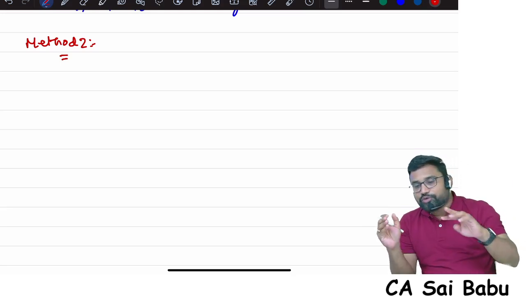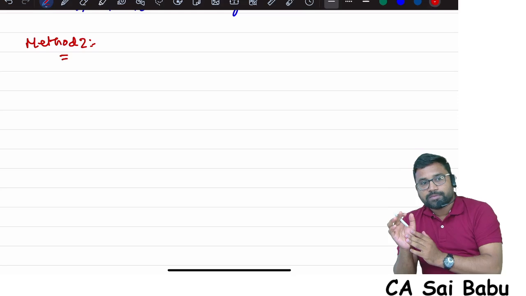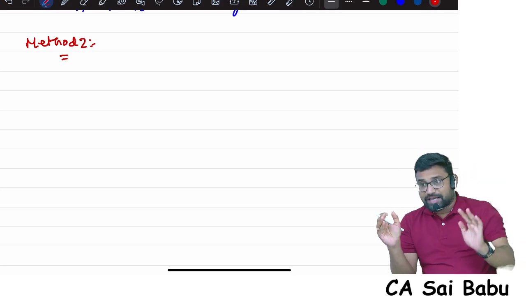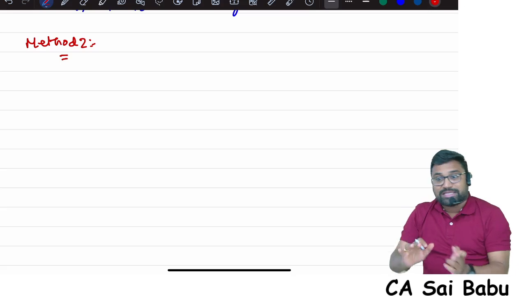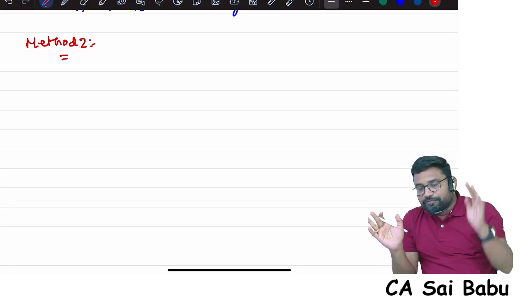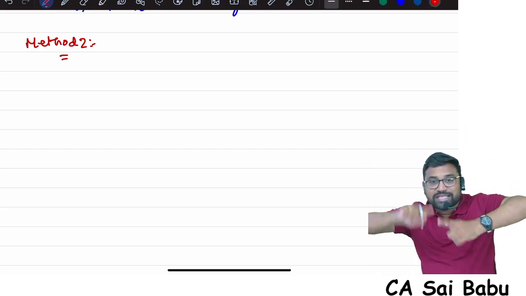Whatever the difference is between the opening and closing provision required to be maintained will be adjusted through P&L account. In other words, if closing provision is more than the opening provision, we require additional provision, and that is charged to P&L account.